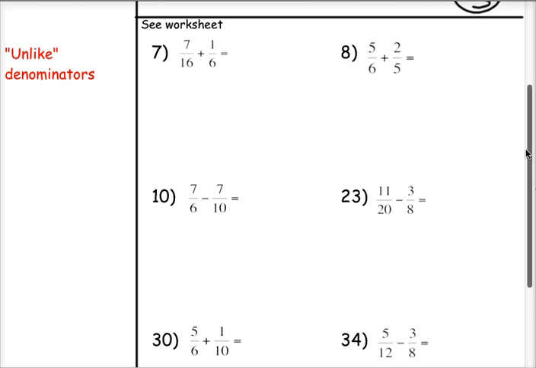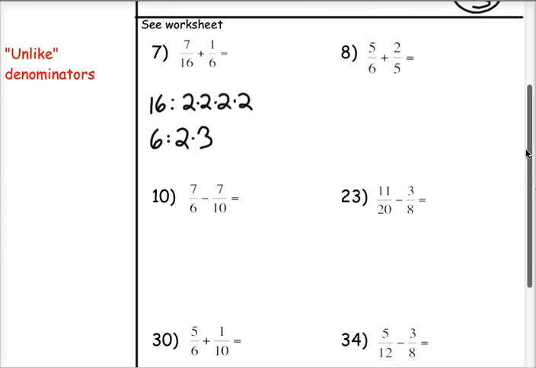Looking at these, now we're moving into things that don't have like denominators. So now we need to see, well, what do we do? First thing I'm going to do is look at the 16 and the 6. 16 is 2 times 2 times 2 times 2.